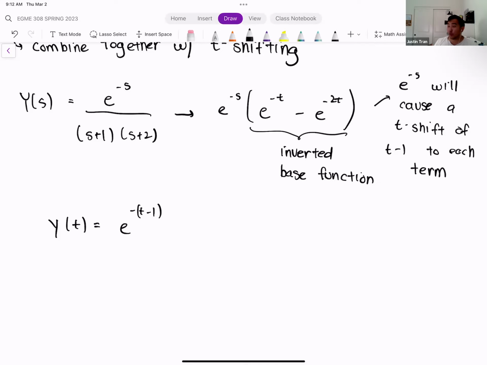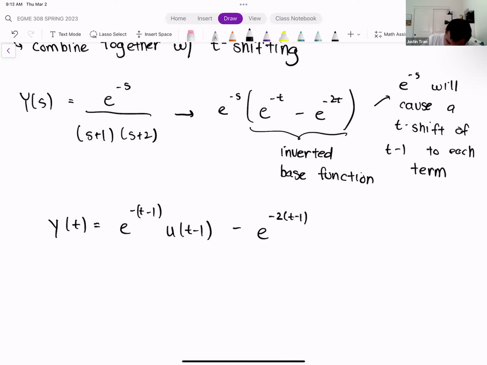And remember, the other thing we have to do with t shifting is we have to multiply it by the corresponding step function. So I have e to the minus t minus 1 times u of t minus 1, minus e to the minus 2t. But again, we're going to replace the t there with t minus 1, and so e to the minus 2 times t minus 1.